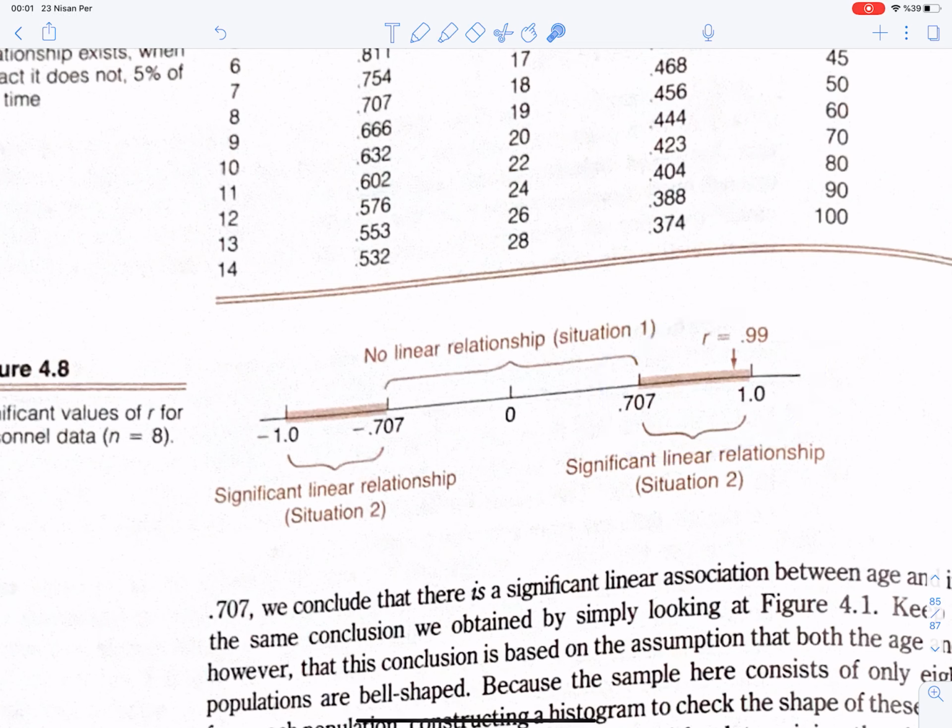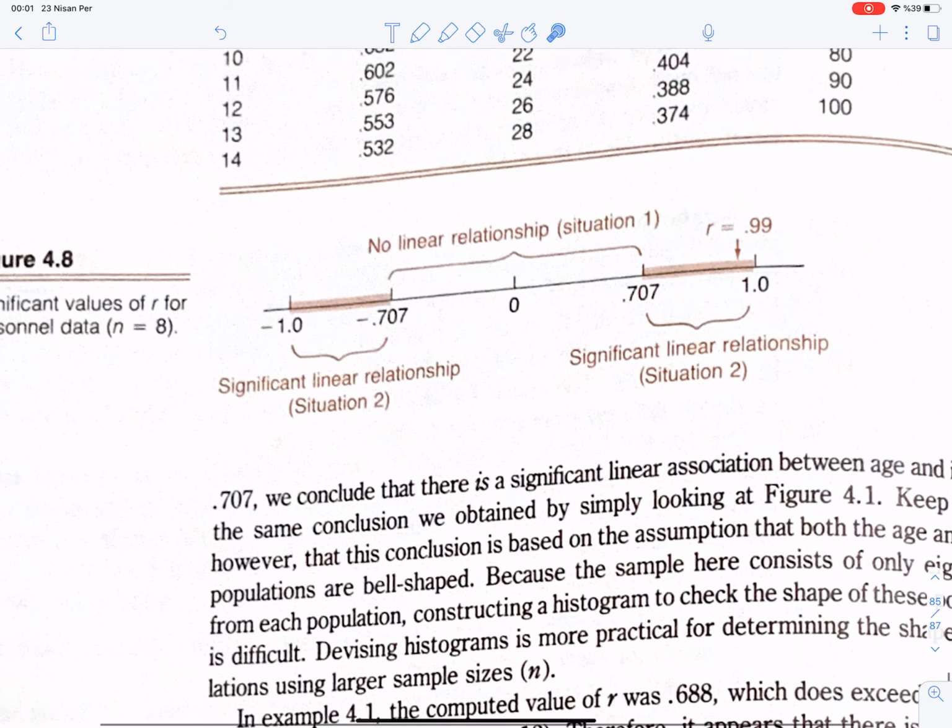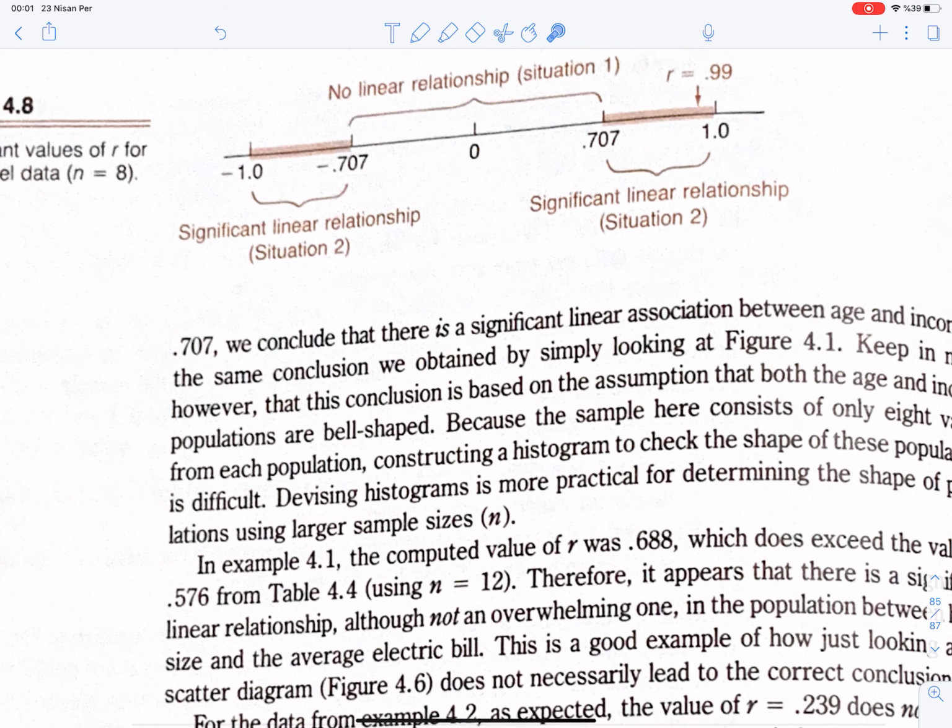But in my case, I wouldn't like to have such ranges because there is no standard definition for a very significant linear relationship.